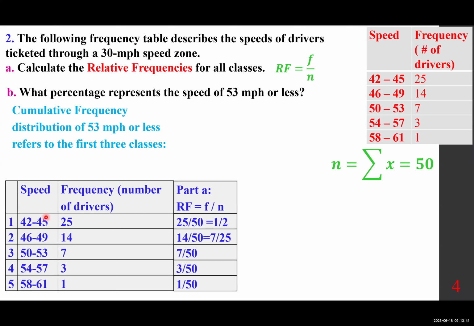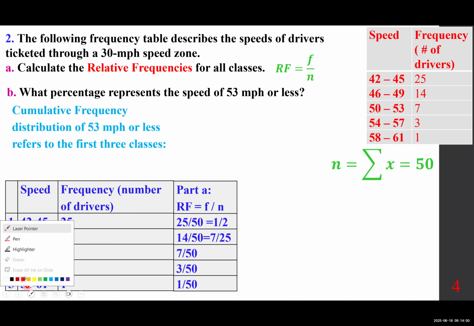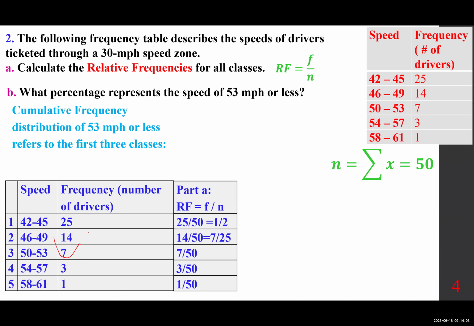We want anything less than that. So all the way to 42 would be less than that. So we have those numbers. We can add those numbers, divide by 50, or just add these three numbers. So we have two choices. We say, okay, we're going to add these three numbers and divide by 50. Or we already have them here, add these three.